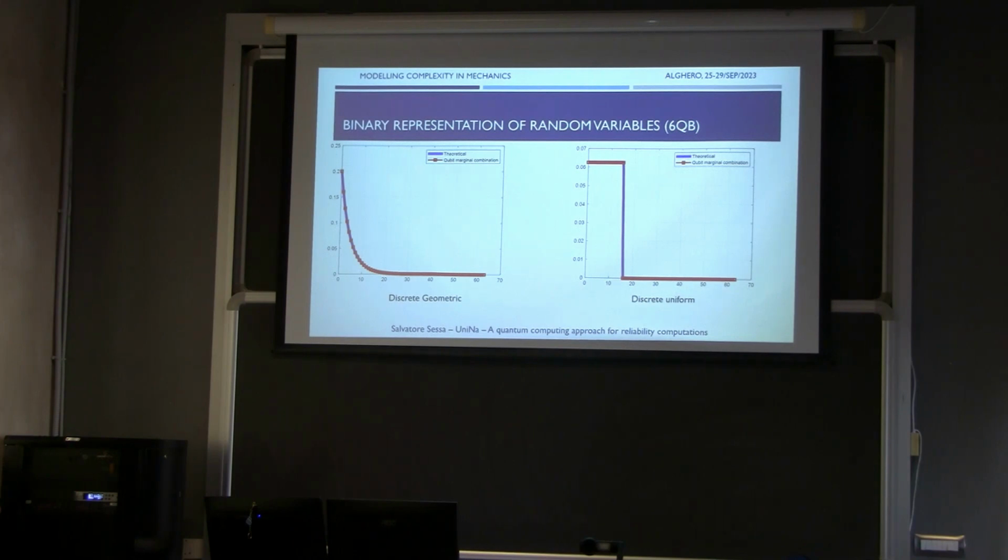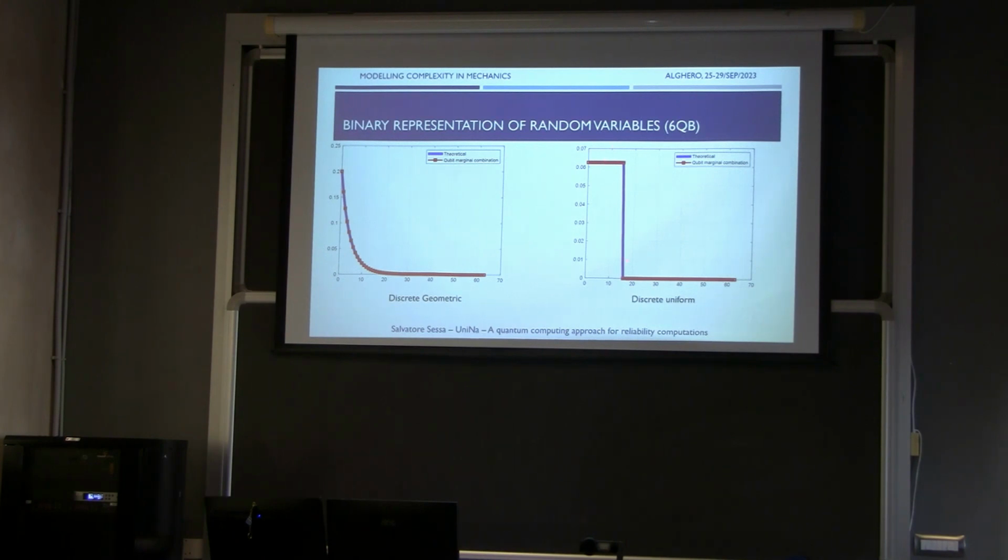And these are 2 applications. The first one is the discrete geometric probability mass function, and while the blue line is the theoretical, the red line is the outcome of the quantum computation. And this one is a constant distribution up to 15 or 14, I don't remember.